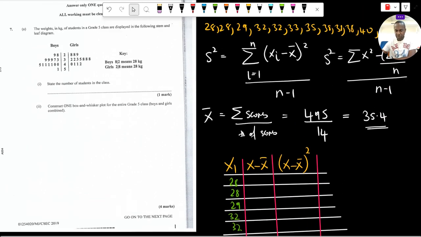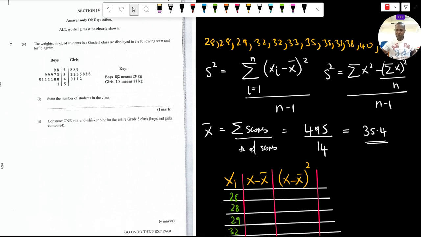So let's proceed. Now, before I go any further, let me just recheck the calculation of my mean, because as we see from the formula, we're going to have to use the mean to calculate our standard deviation. And if there's an error in the value, then of course it's going to throw us off.